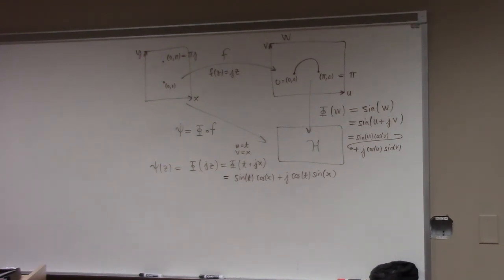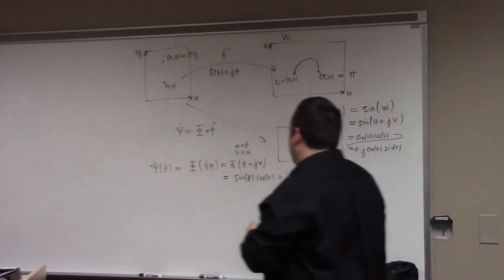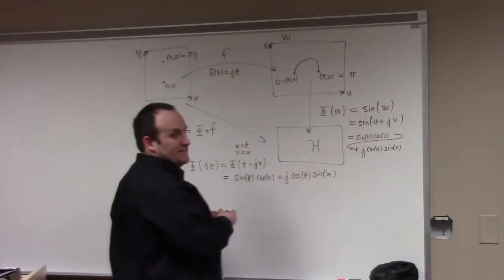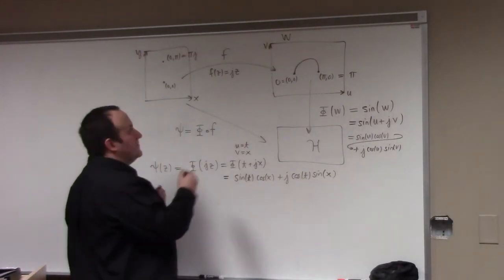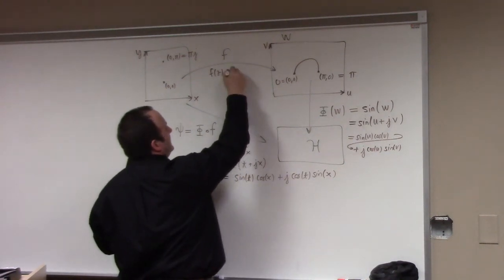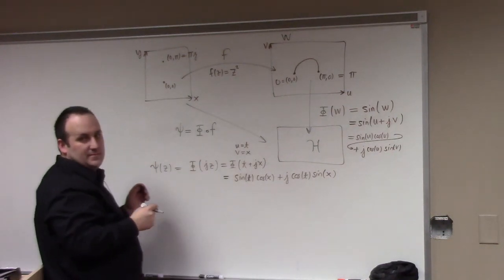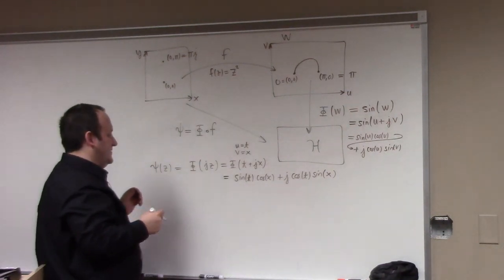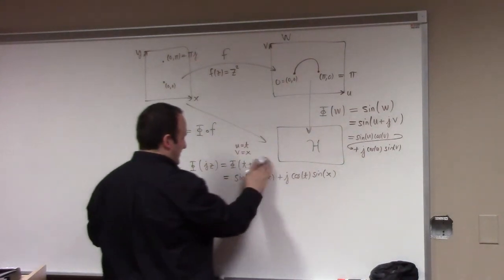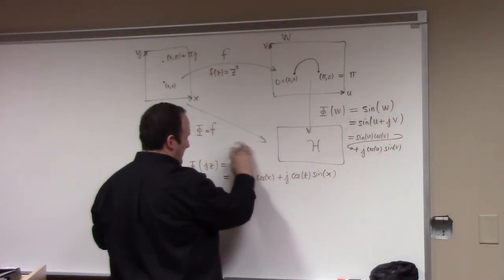All right. Let's try something a little bit weirder, like z squared. Then we don't have this anymore.